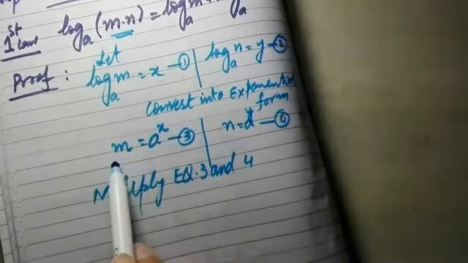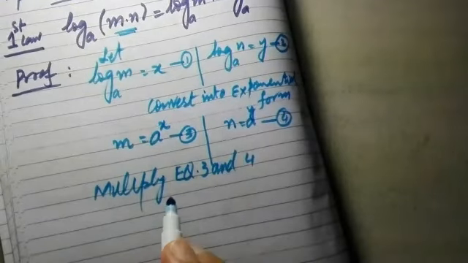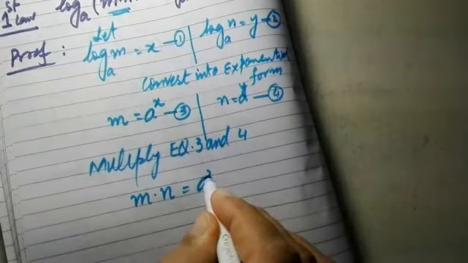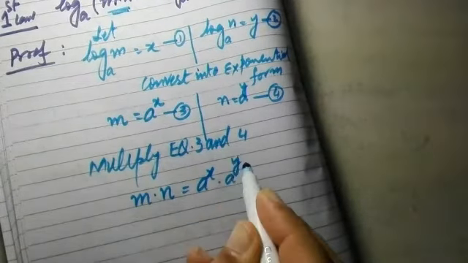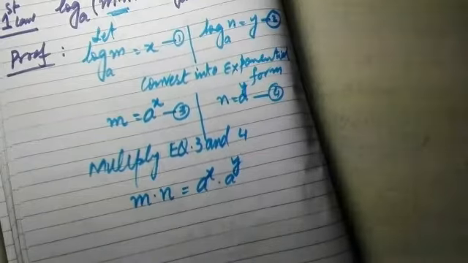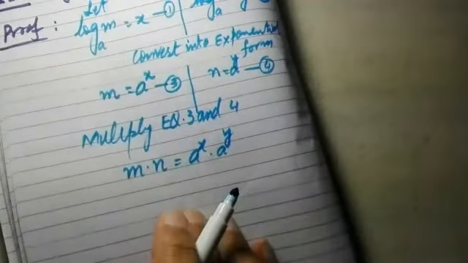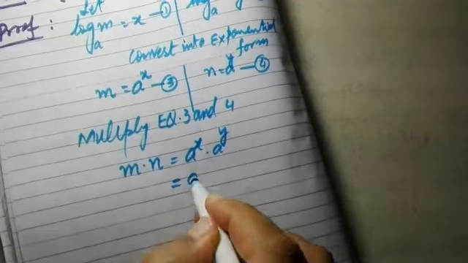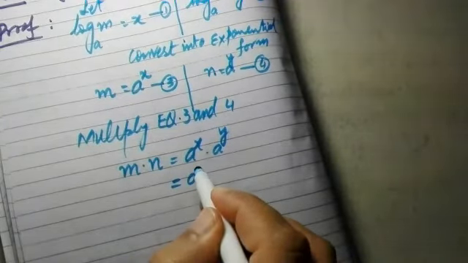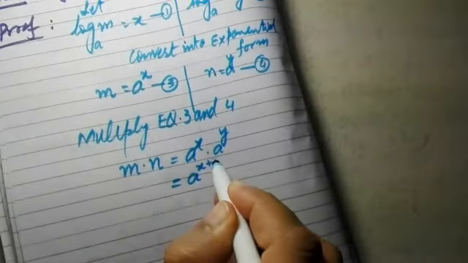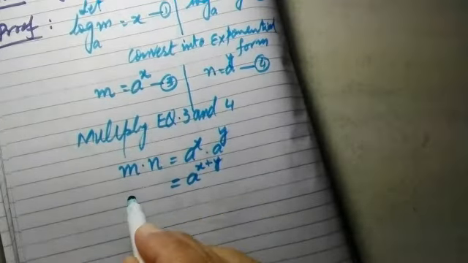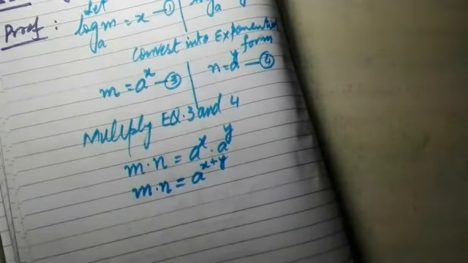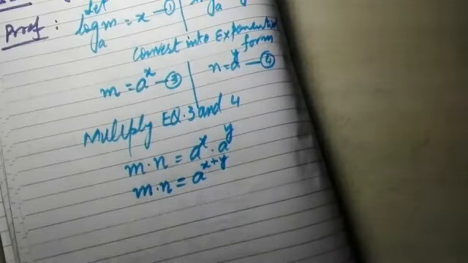Left sides are multiplied with the left sides, and right sides are multiplied with the right sides. On the right hand side we have a single base, so you can write it as a single base, and the exponents will be added together. It will become m times n is equal to a raised to power x plus y.